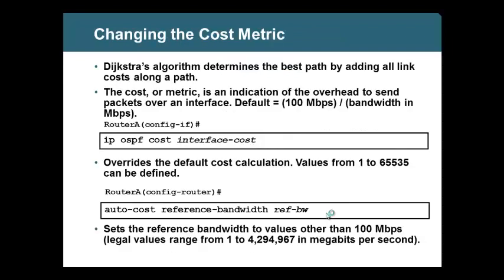You can also change the cost on the interface level. If you want to give a cost manually, see, we did auto cost. Usually we depend on the automatic calculation. For automatic calculation, we said use this numerator, this reference bandwidth.